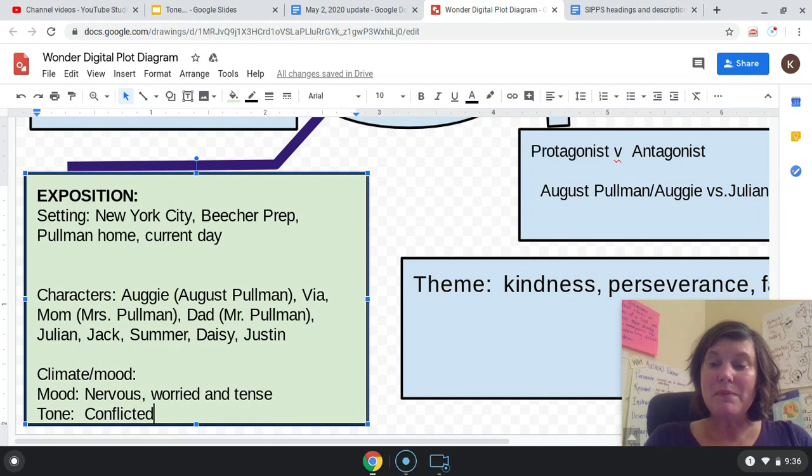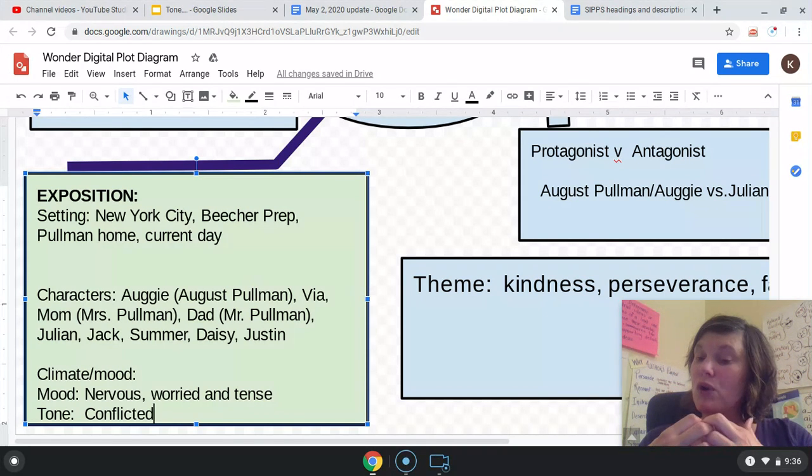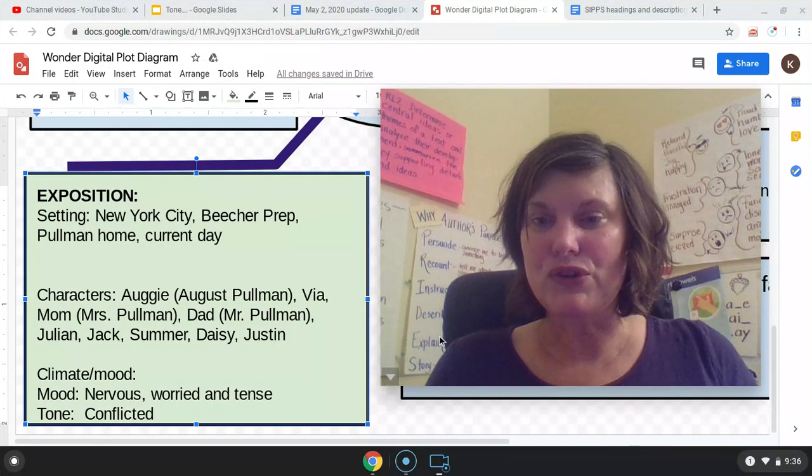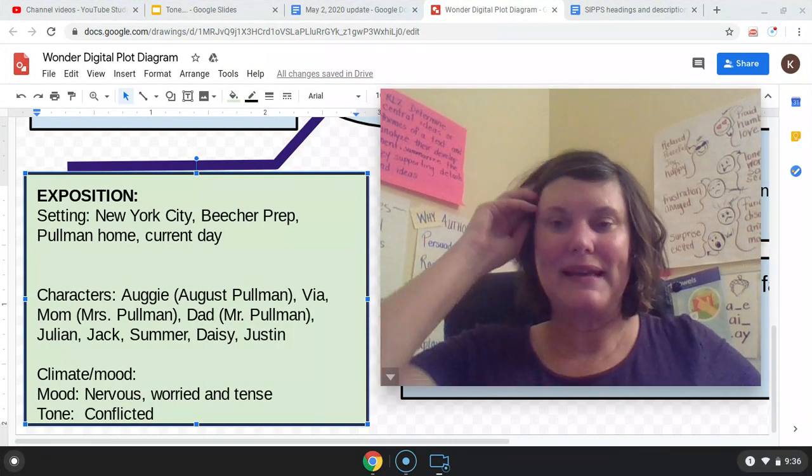And then the climate and the mood, really the mood and the tone make up the climate. The mood is how you as the reader feel, whereas the tone is how the author feels about the topic. So it's almost like you have to be a detective and find the clues in the story to figure these things out.